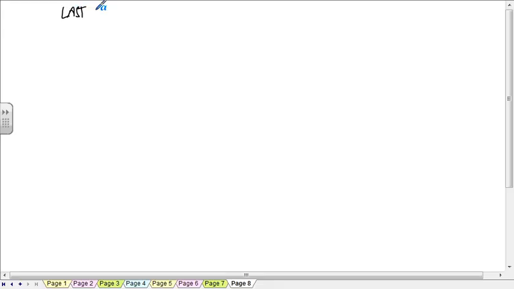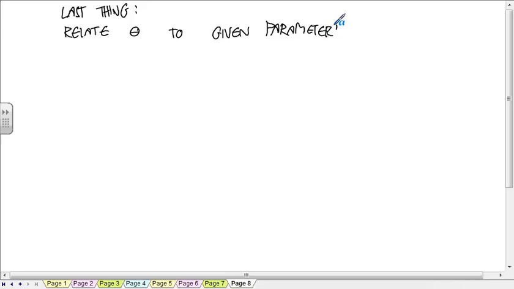So the last thing is relate the angle theta to the given parameters for a thread. And what we're going to be working with are the lead and the radius r.